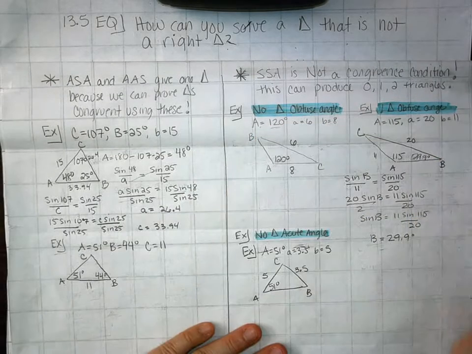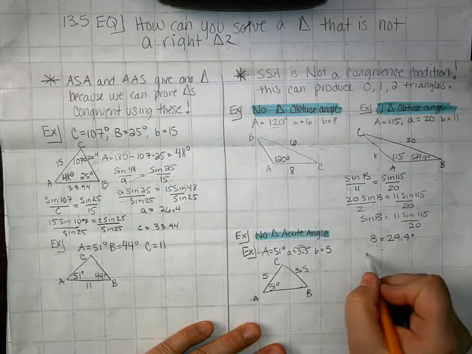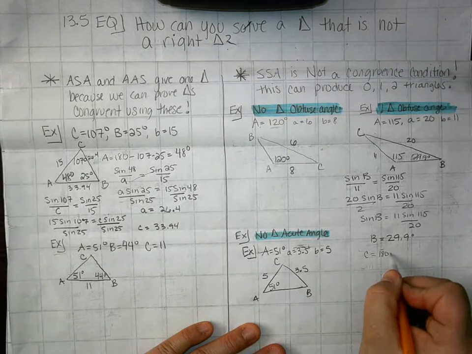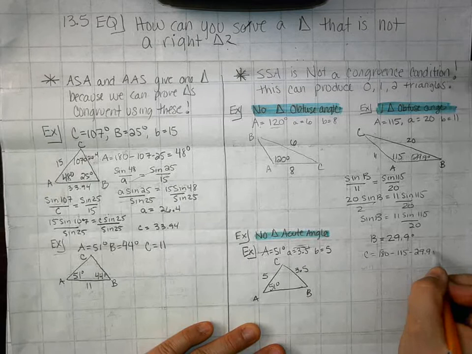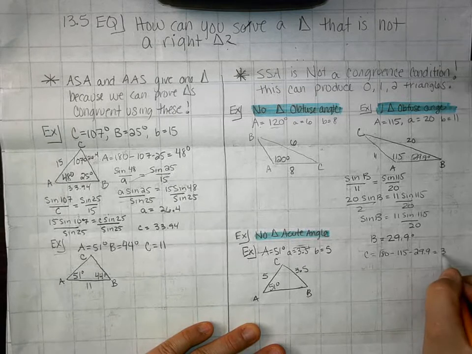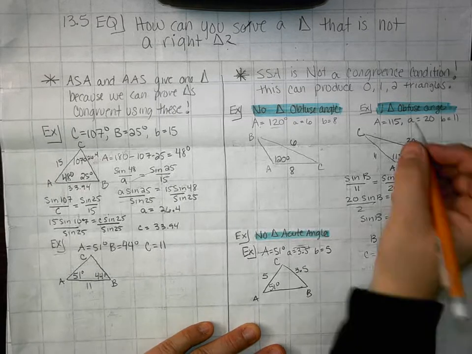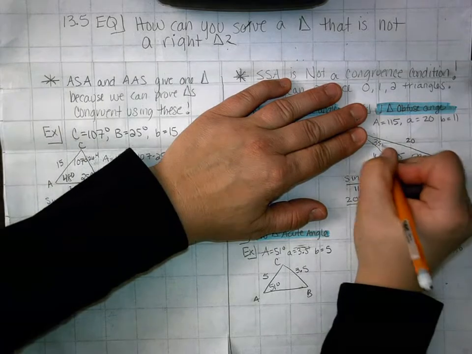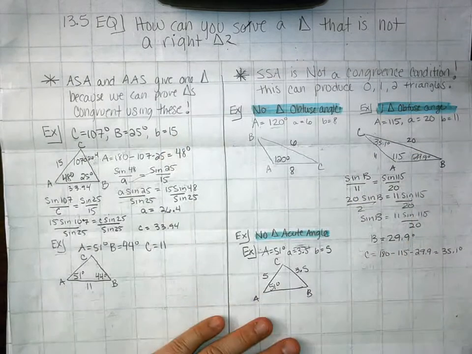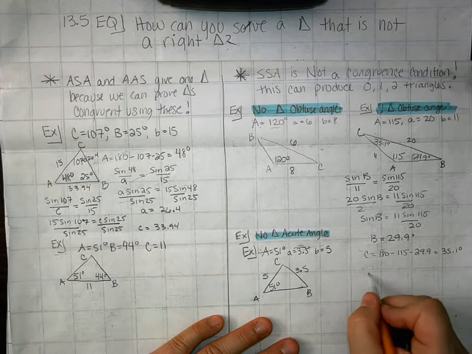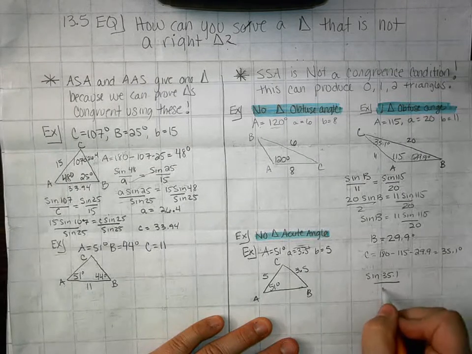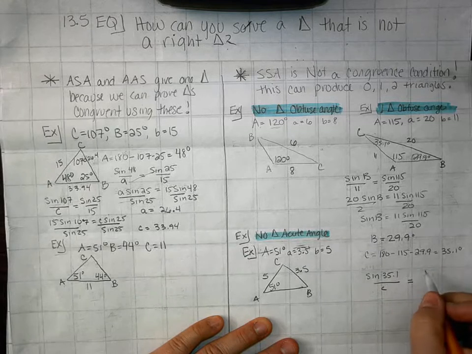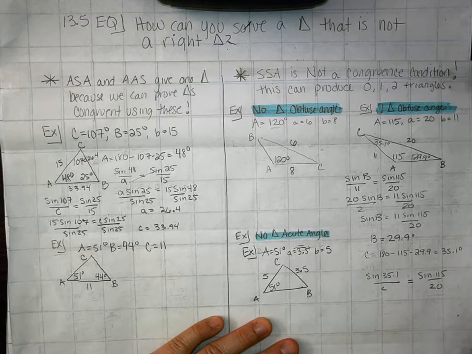I can find the third angle by taking 180 degrees, minus 115, and minus the angle I just found of 29.9. And what I get is 35.1 degrees. Now there's only one side left, so I'm going to take the sine of 35.1 over side C, and I'm going to set that equal to the sine of 115 degrees over 20.